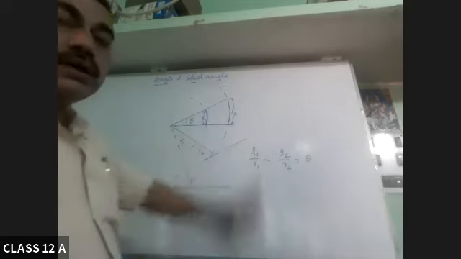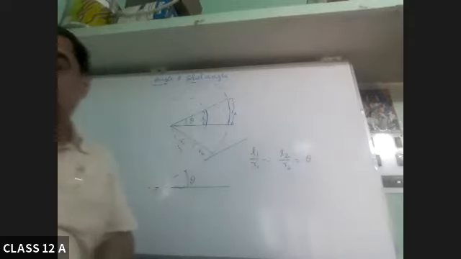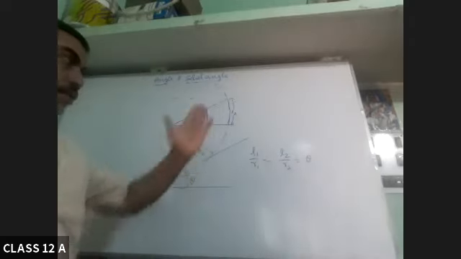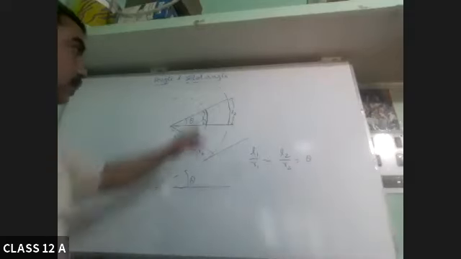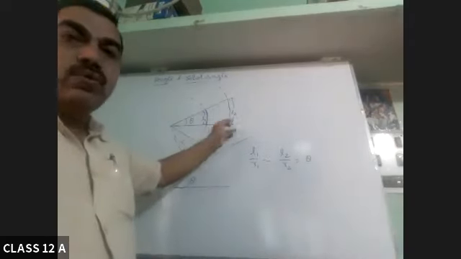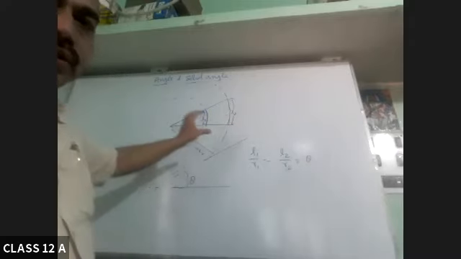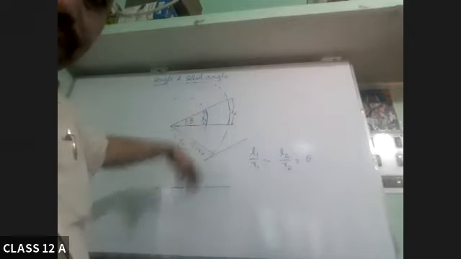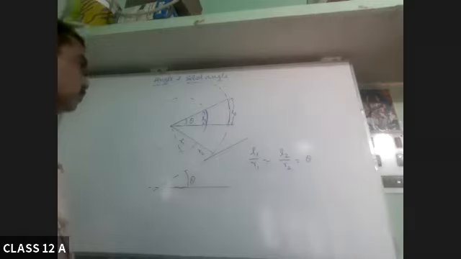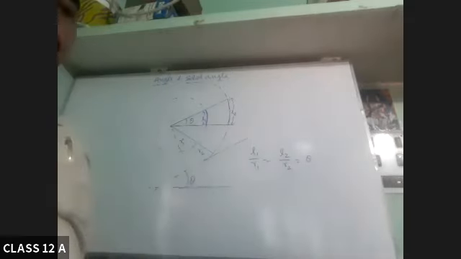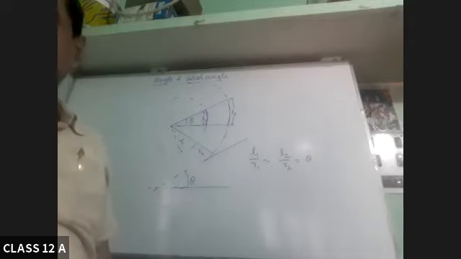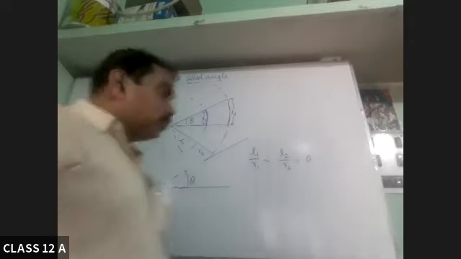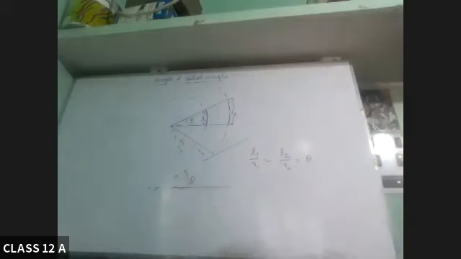Now a similar concept is used in the case of solid angle. This angle is two-dimensional, it comes in the two-dimensional case, whereas solid angle will come in three-dimensional. For example, suppose you are making a cone.